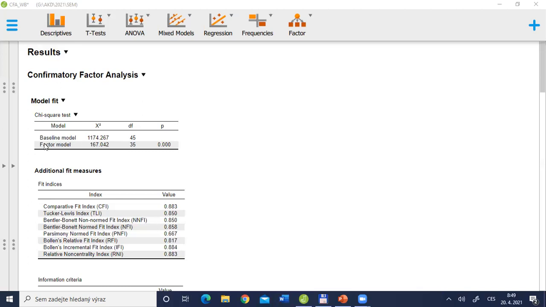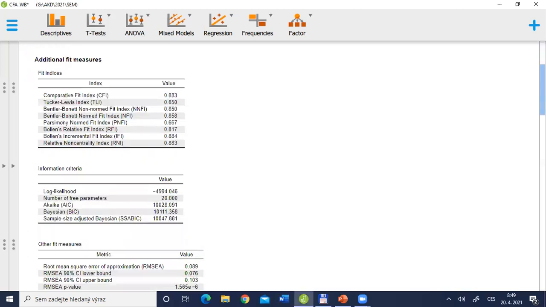So the recommendation here is do not apply, or at least don't use conclusions from, this chi-square test. That's why statisticians try to develop alternatives, and these alternatives are these additional fit measures and other criteria.